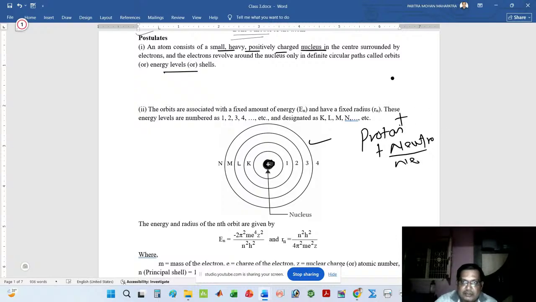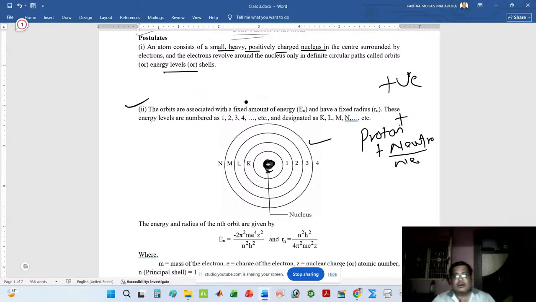So the total charge is positive, because there is no role of the neutron for the charge of the nucleus. That means the nucleus has positive charge. All the positive charge is concentrated in the nucleus, and the electrons revolve around the nucleus in a definite circular path, like this.